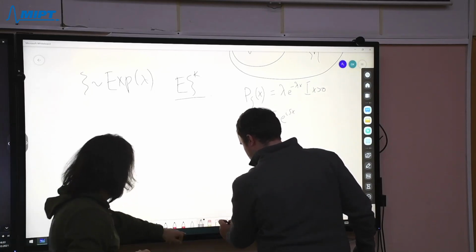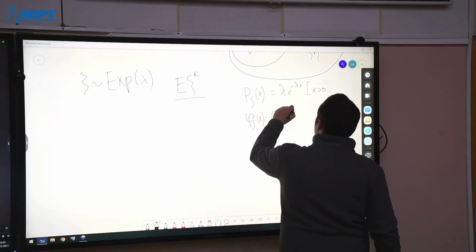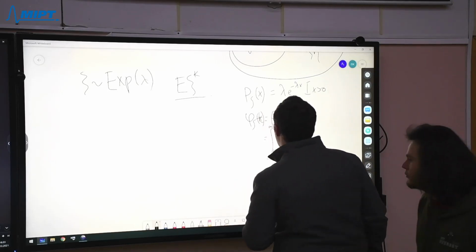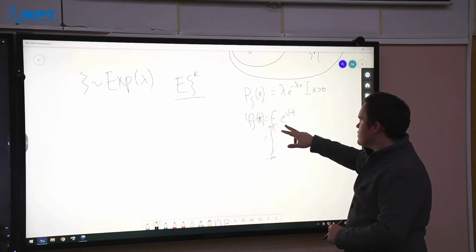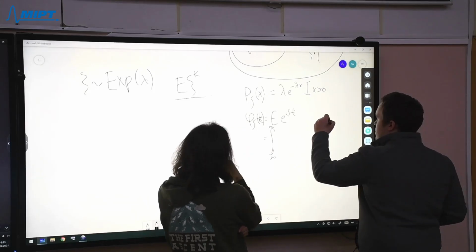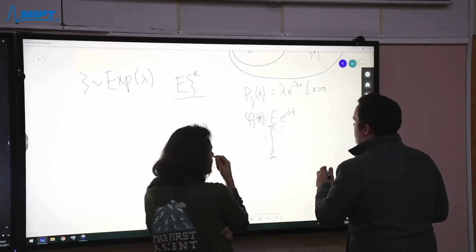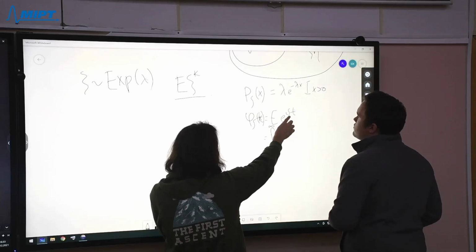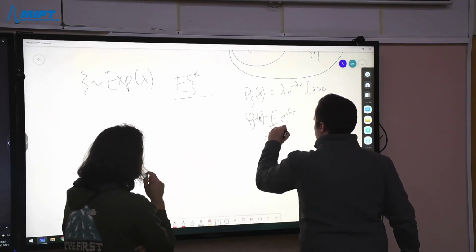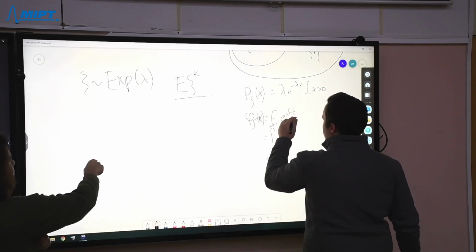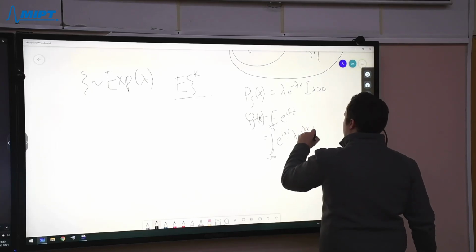So you change psi here by x. So it's the integral of e to the i x t, and now you multiply by the density function, dx.